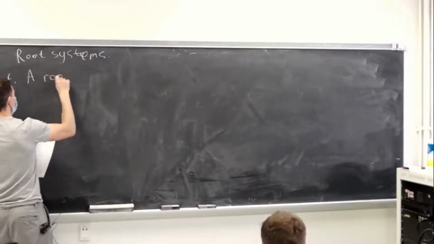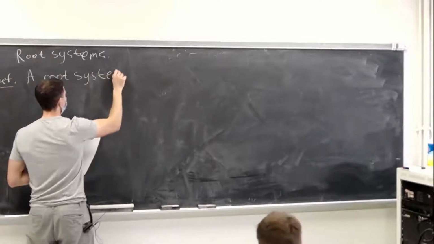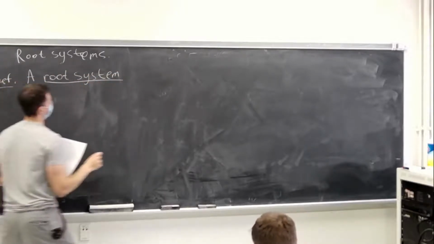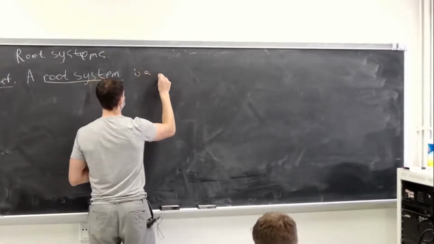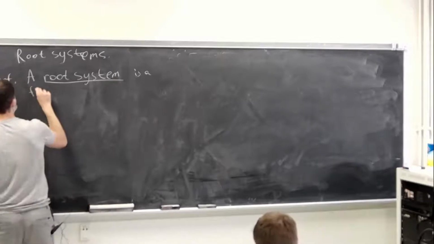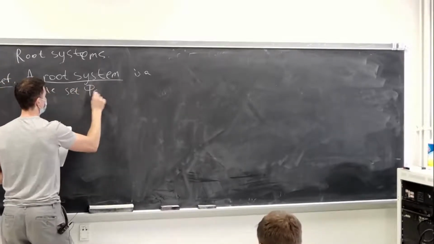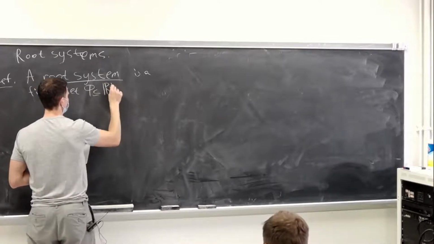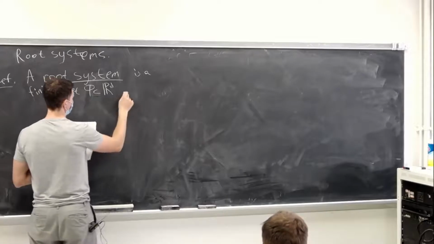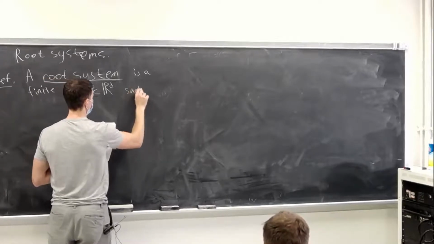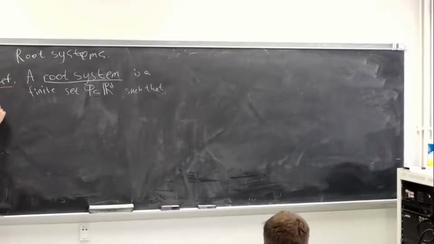A root system is a finite set Φ of non-zero vectors such that the following axioms are true.